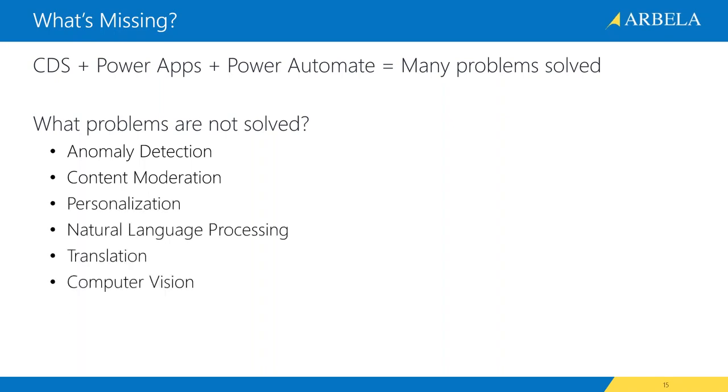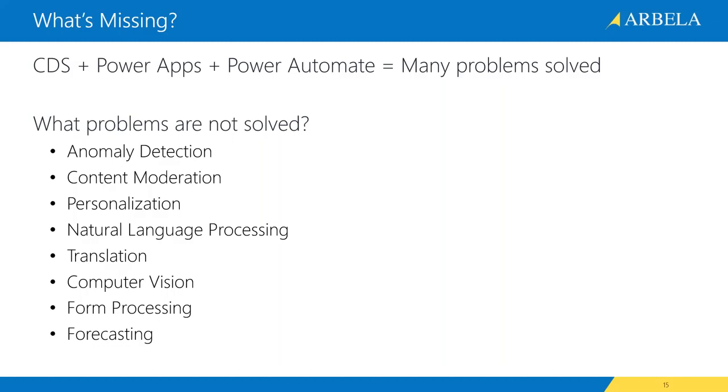Anomaly detection, content moderation, natural language processing, computer vision, all these sorts of things. And anybody who's been browsing the Azure Cognitive Services page recently might recognize these as effectively the offerings of Azure Cognitive Services, the machine learning AI offerings of the Azure platform as a whole.